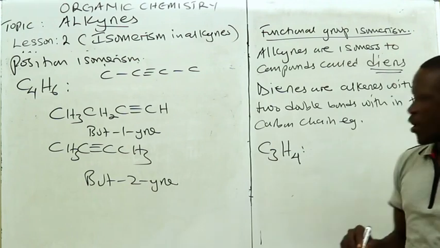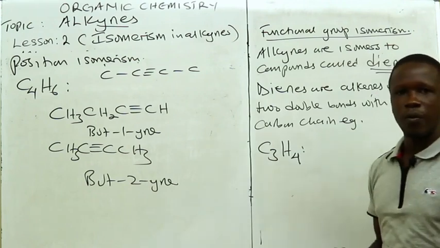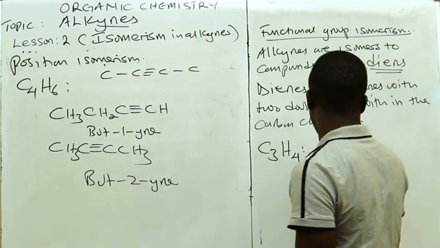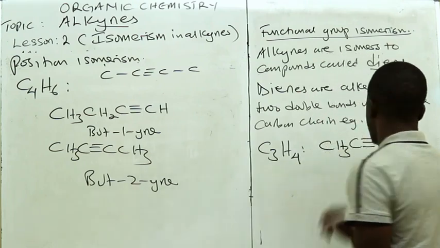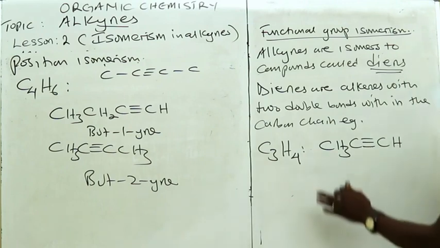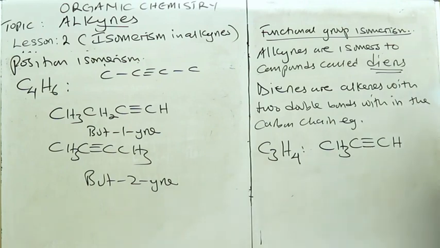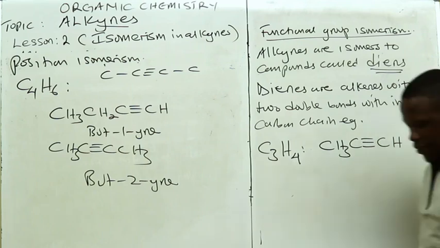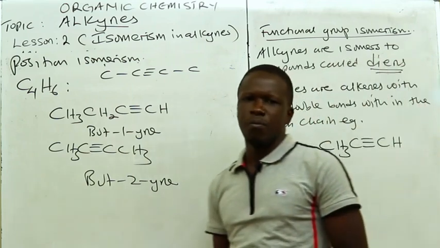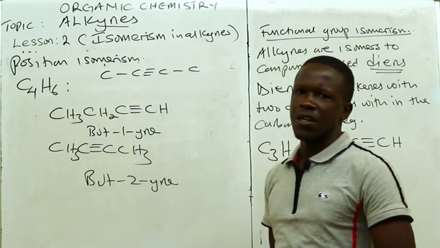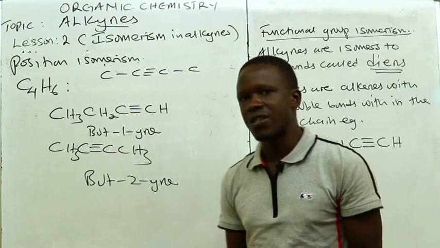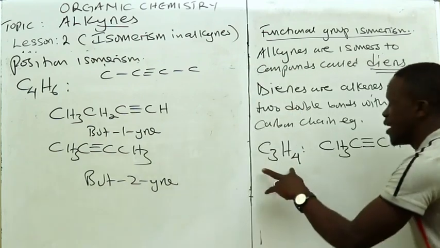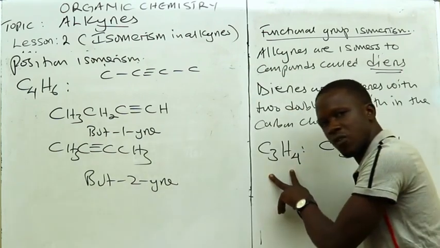When we write this compound here, we are going to write propyne, CH3C triple bond CH. This is propyne. Now, the moment I write propyne, there is another compound which does not contain a triple bond, but rather 2 double bonds, but also has the same molecular formula.